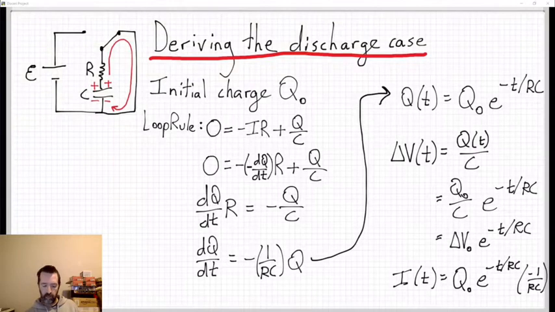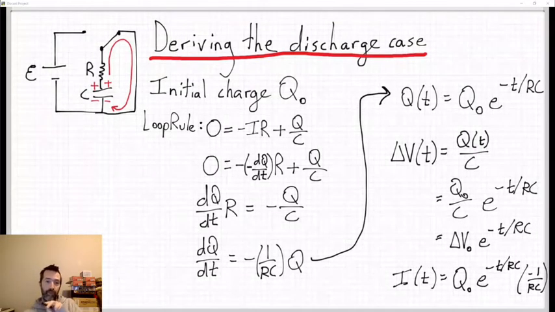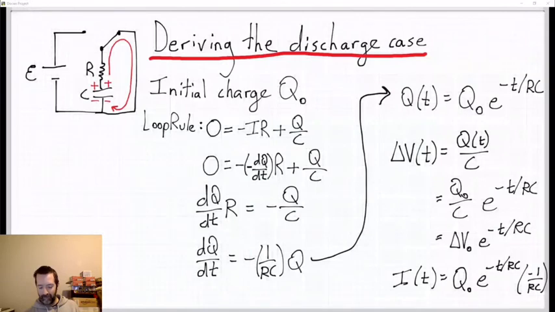And that's exactly what I expected, given that that's what the differential equation further to the left already says. Okay, so that's the discharging case.